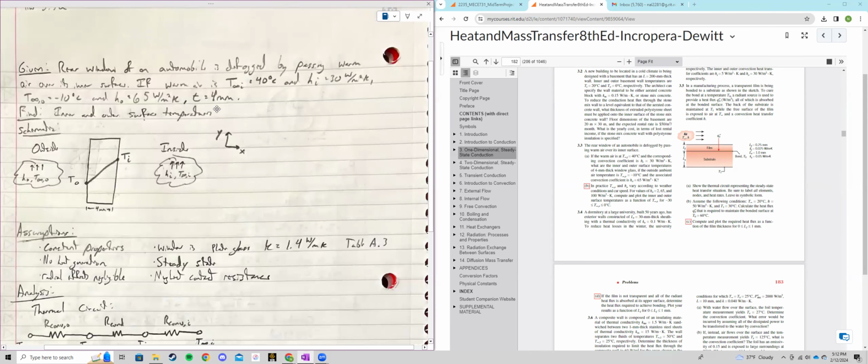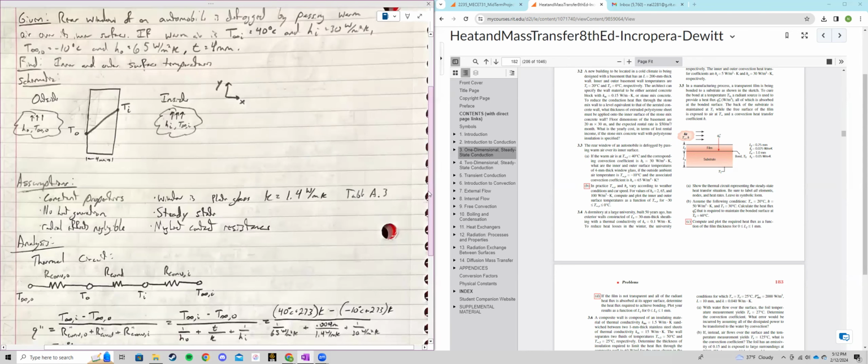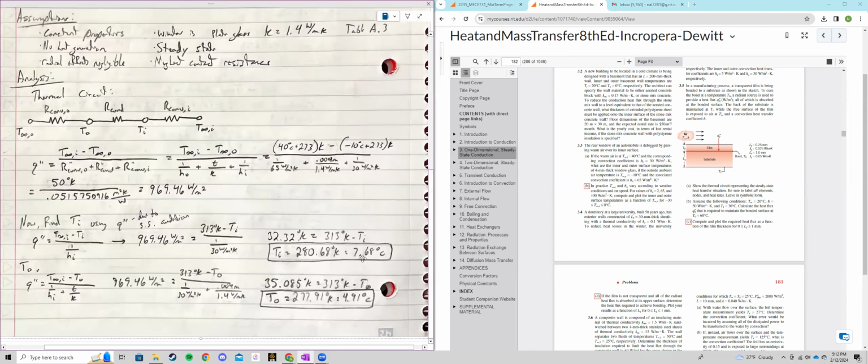This makes sense because that external temperature is pretty harsh, so you're not going to see a great difference in temperature, especially across something so thin, around 4 millimeters. So yeah, this is the end of the problem. Thank you for listening, and I hope this helps you out.